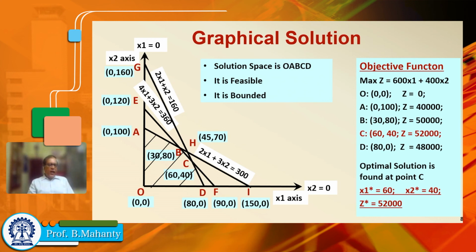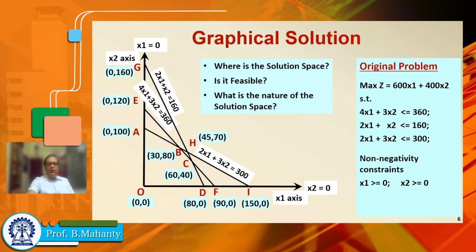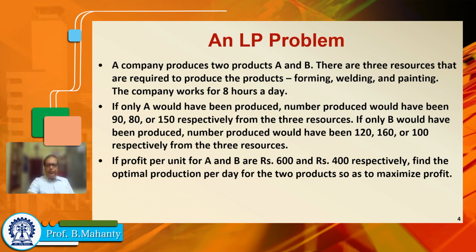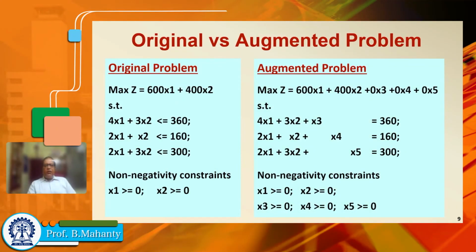Now look here, at that point you have seen that the variables in the basis are x1, x2 and x5. Now what is x5 here basically? If you look at the augmented problem, look here, this is our augmented problem. The x5 is associated with 2x1 plus 3x2 equal to 300.